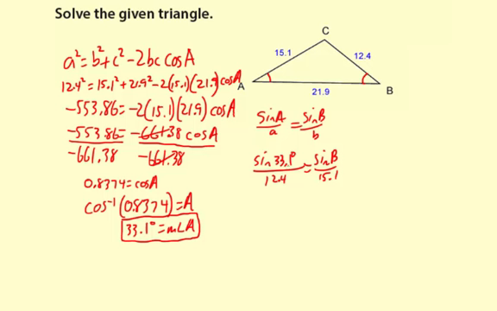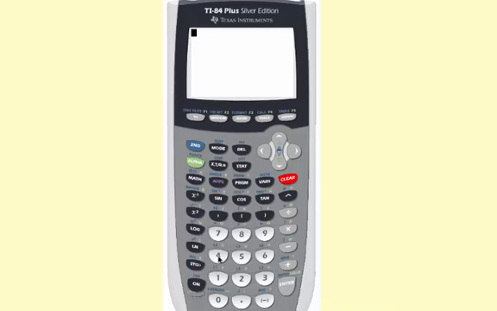Okay, so now we're going to cross multiply here. 12.4 times the sine of B equals 15.1 times the sine of 33.1 degrees. I'm going to simplify the right side on the calculator. 8.2461.